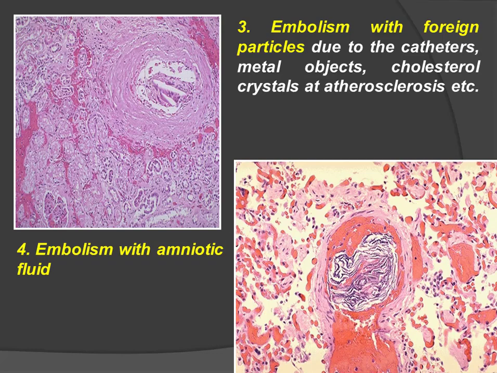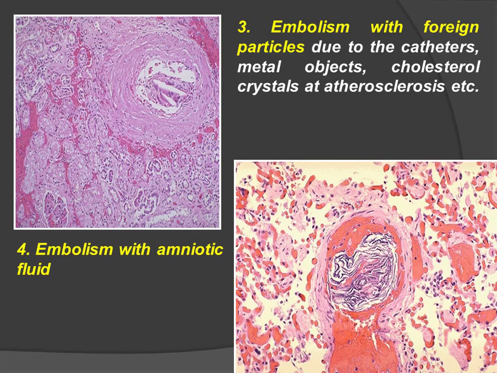During labor and in the immediate postpartum period, the contents of amniotic fluid may enter the uterine veins and reach the right side of the heart, resulting in a fatal complication.